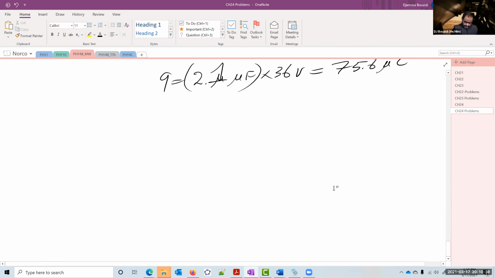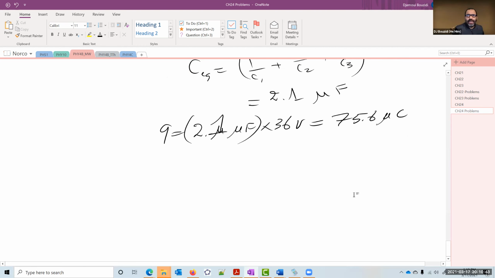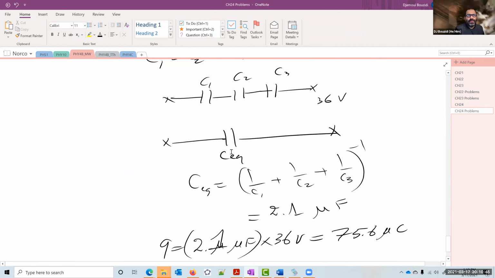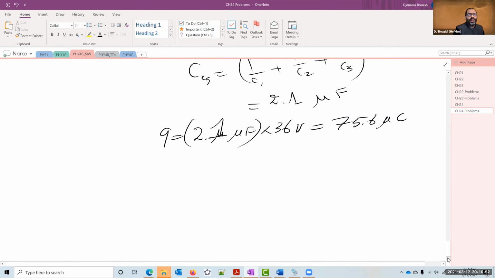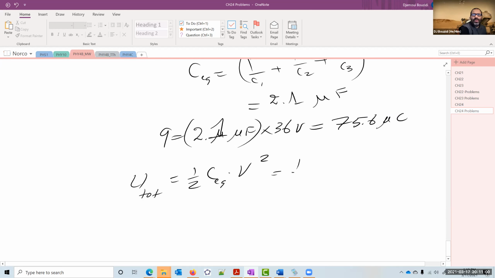What is the total energy stored in all three capacitors? Well, the total energy is actually the one stored in the equivalent. Since we know the voltage and we have the equivalent capacitance, then U total is 1/2 of C equivalent times the voltage squared, and 1/2.1 microfarads times the voltage squared, when that is 36 squared.